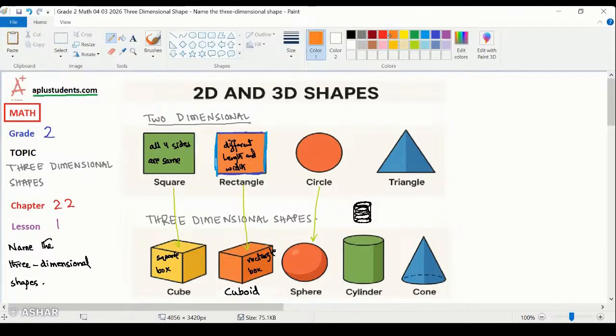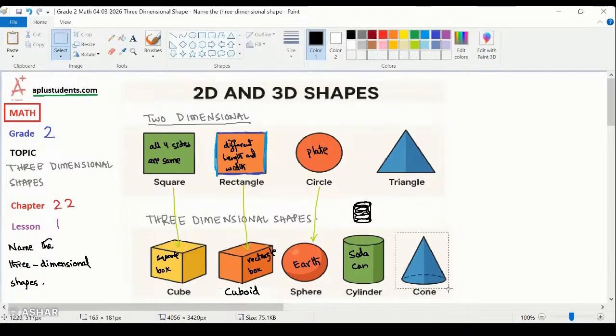A circle can be a plate, right? A sphere can be the earth or a soccer ball, right? A cylinder can be a soda can. Agreed? And a cone can be used for an ice cream cone.